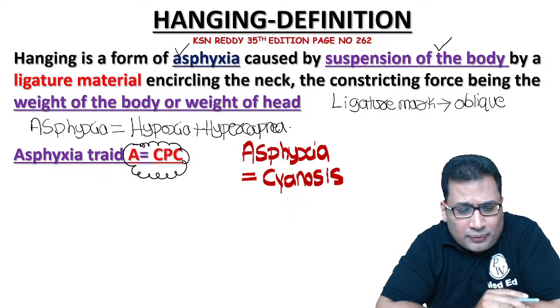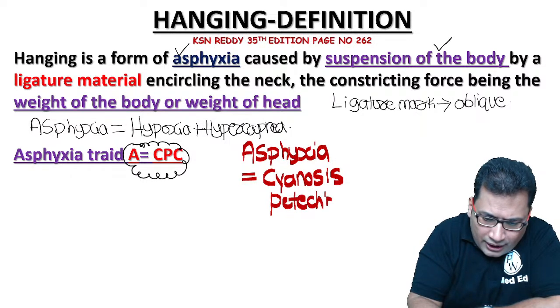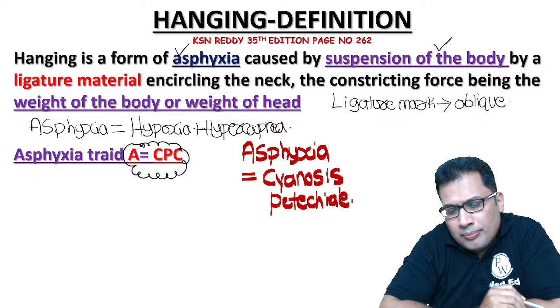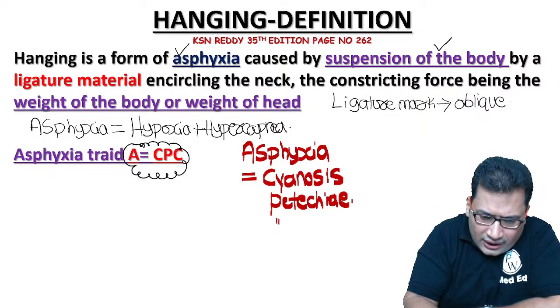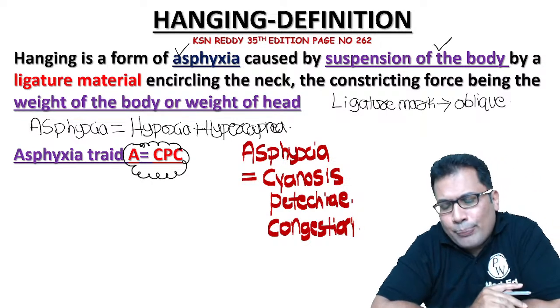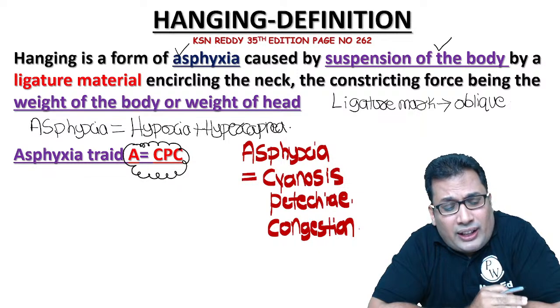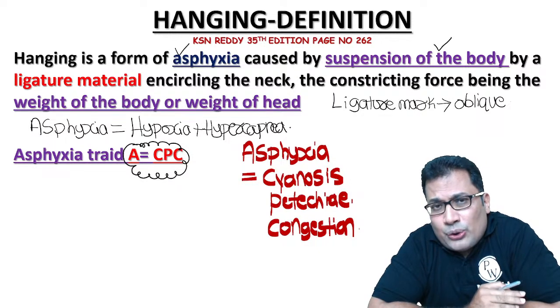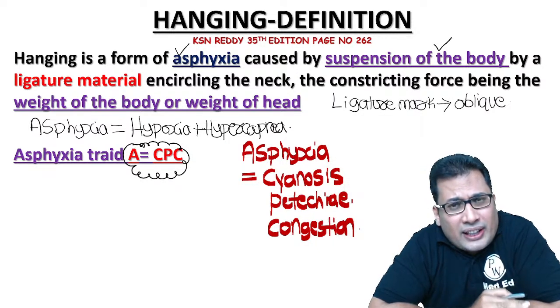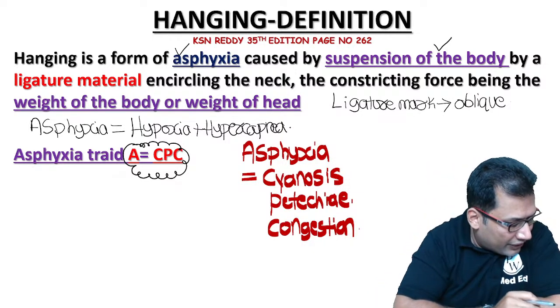P for petechial hemorrhages, petechiae. And one more C, that is congestion. So 3 important findings you need to mention in your exam. The mnemonic is CPC: cyanosis, petechiae, congestion. They are all seen in any type of asphyxial death.